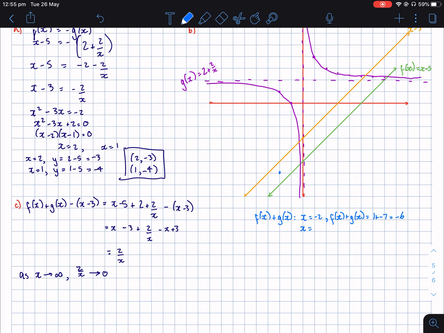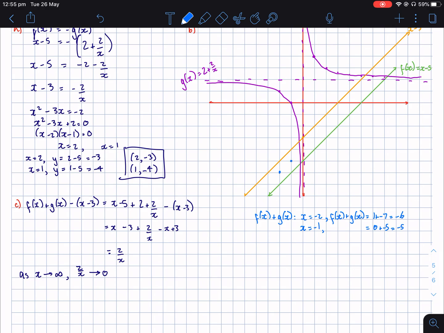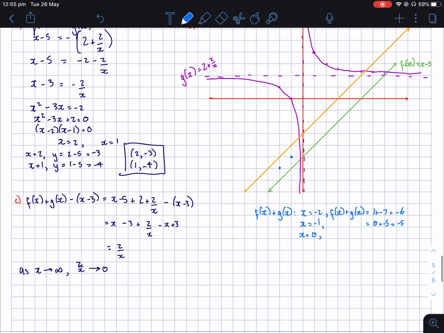When x is negative 1, we've got 0 plus negative 5. Ooh. X is 0. We're going to have undefined. Yep, just undefined.